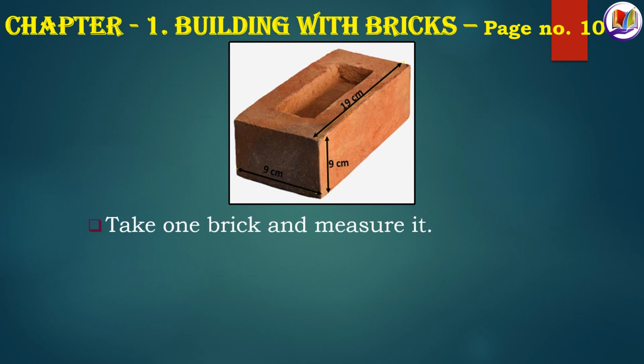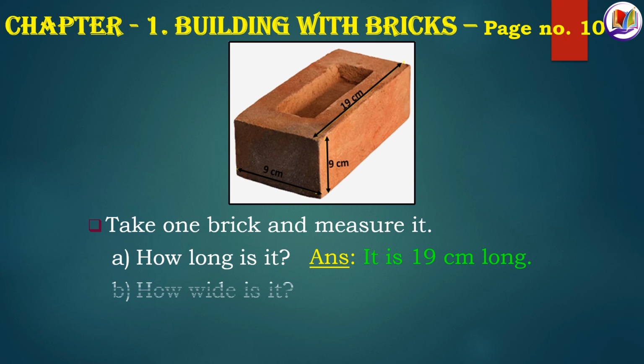Well, next we are going to try to measure the different dimensions of a brick. So I have taken a brick here and I am going to measure its dimensions. How long is it? Well, the brick is 19 centimeter long. How wide is it? It is 9 centimeter wide.